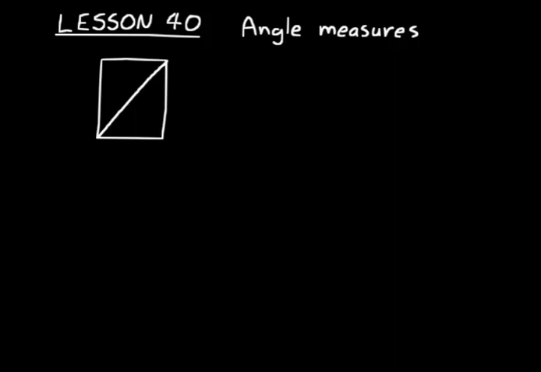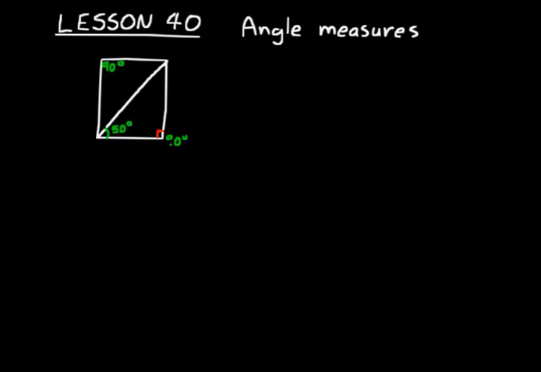Now rectangles have square corners or right angles at their corners. And what that means then is the measure of any angle for a rectangle, any corner, is going to be 90 degrees. And let's just think about something here. Think about the angles that we've made here with our triangle. That's about a 50-degree angle right there.